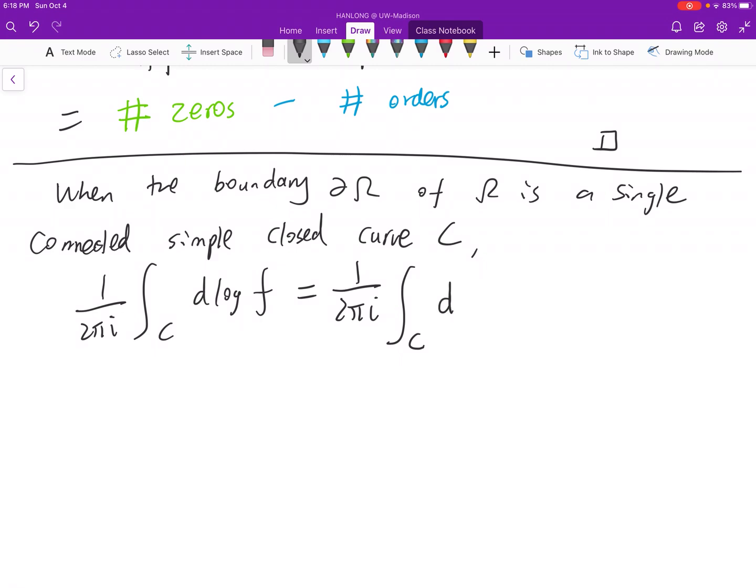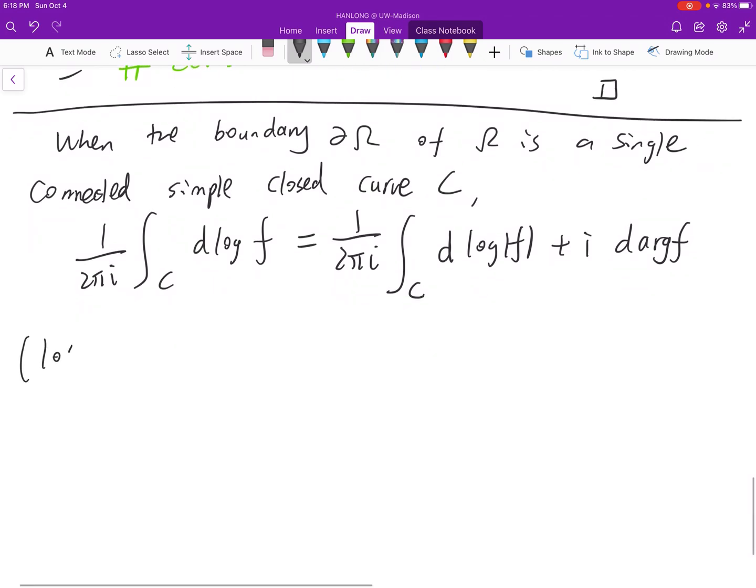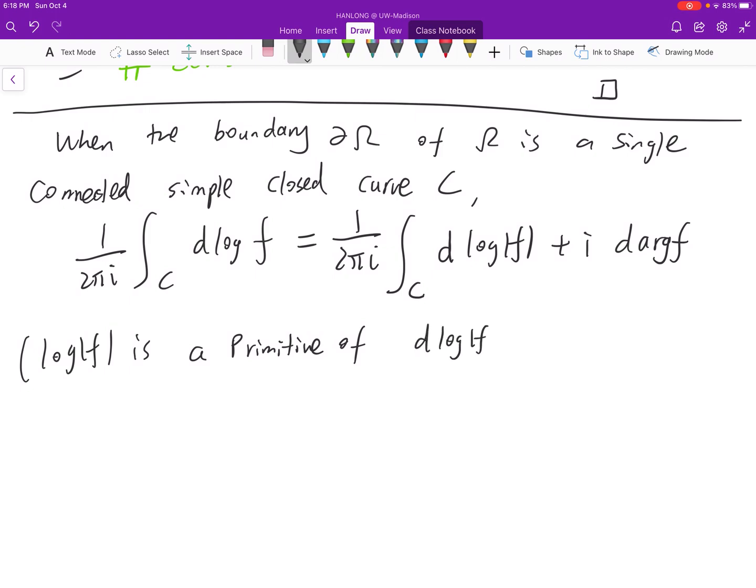So this is log of absolute value of f plus i times the argument of f. And it's clear since C is closed, log of absolute value of f is a primitive of d log of absolute value of f.